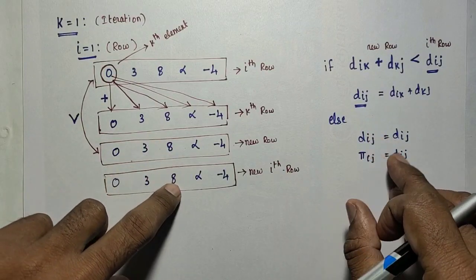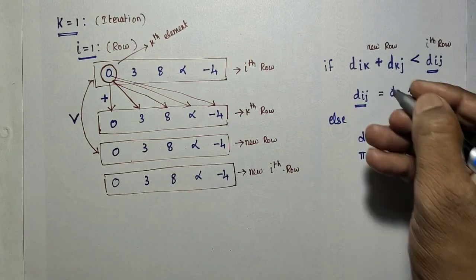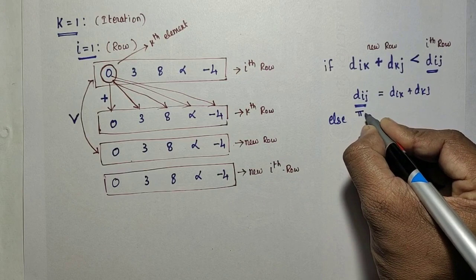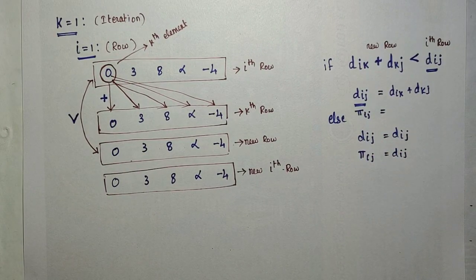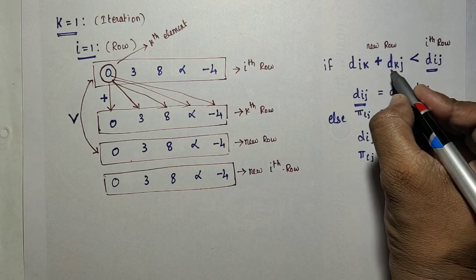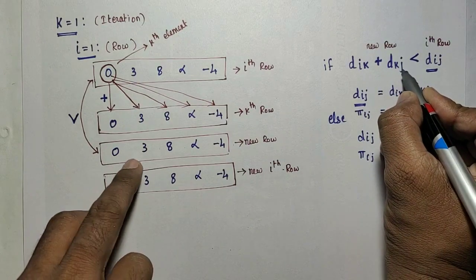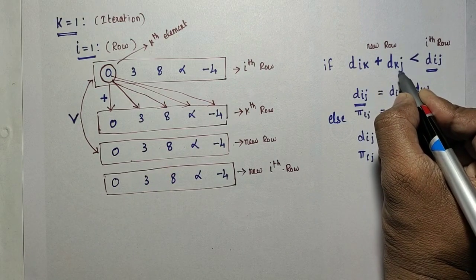So by that time what will be the pi value? What is the pi ij value? That is nothing but the kth row jth element we have added, correct? Kth row jth element.